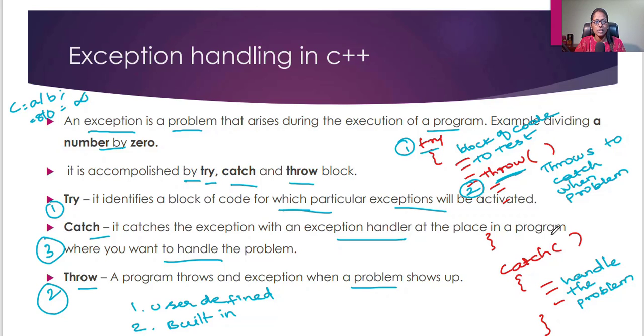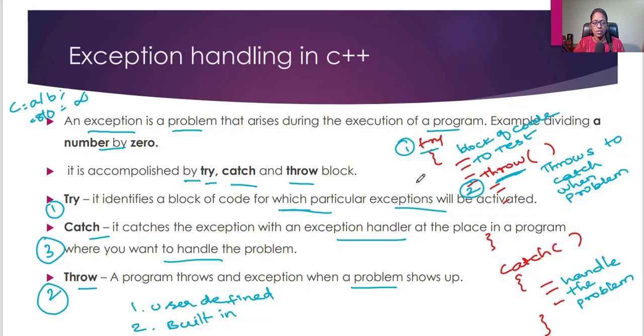So I can give that simple statement to the user. The catch block catches the exception with an exception handler at the place in your program where you want to handle the problem. So this is very easy.